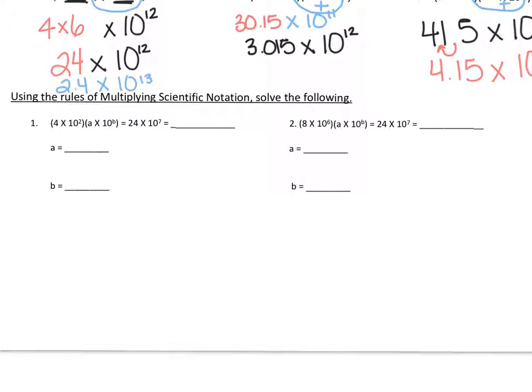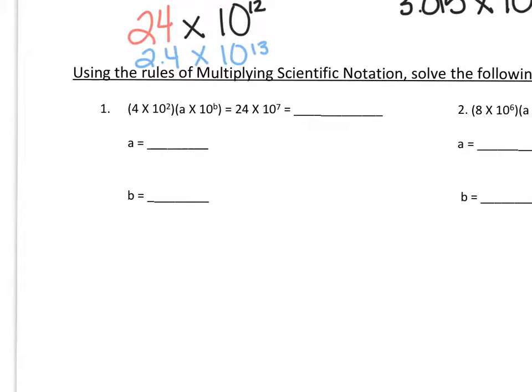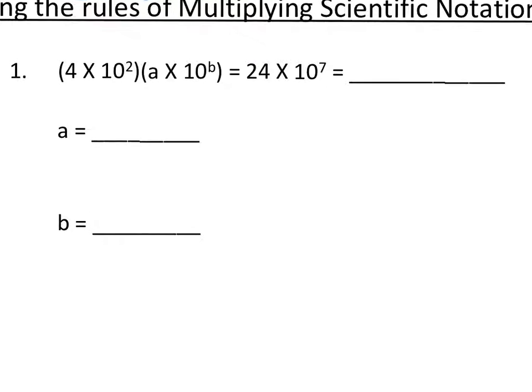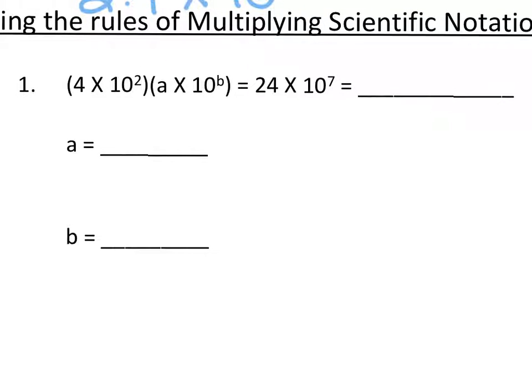Now, we're missing pieces. So looking at number 1, I gave you the answer, right? I want you to give me a value of A, give me a value of B. If 24 is my final answer, what does A have to be?